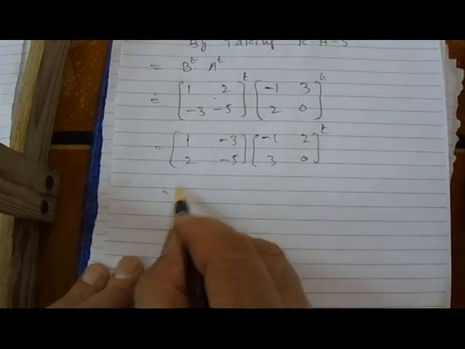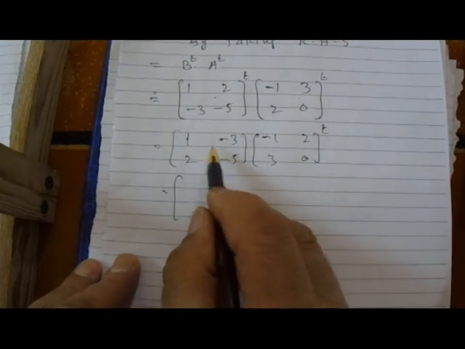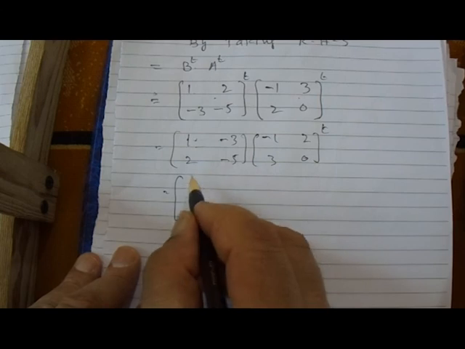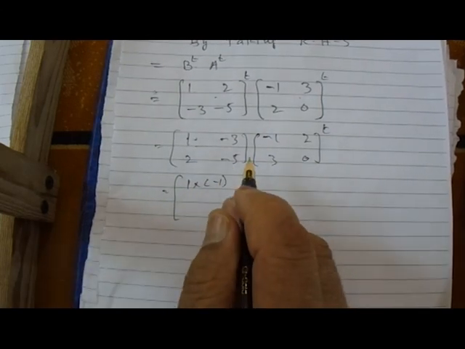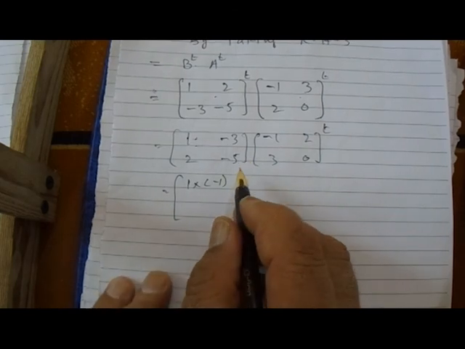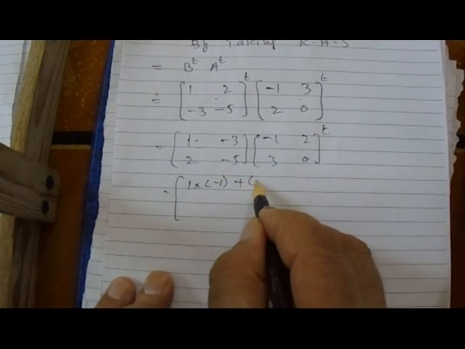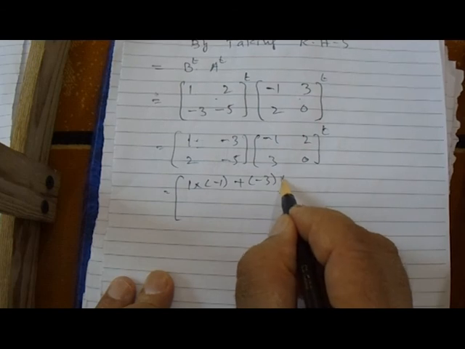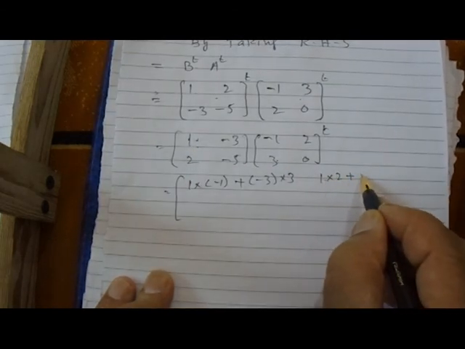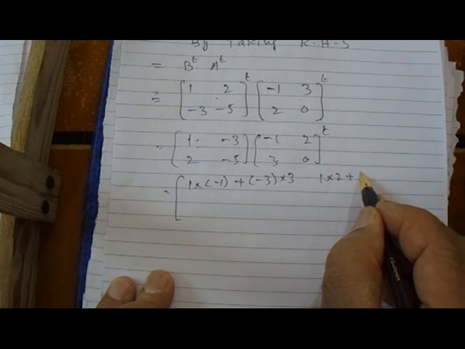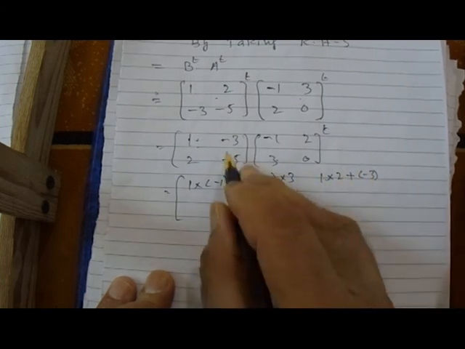Now the multiplication is this multiplied by this: 1 multiplied by minus 1, plus minus 3 multiplied by 3. Again 1 multiplied by 2 plus minus 3 multiplied by 0.